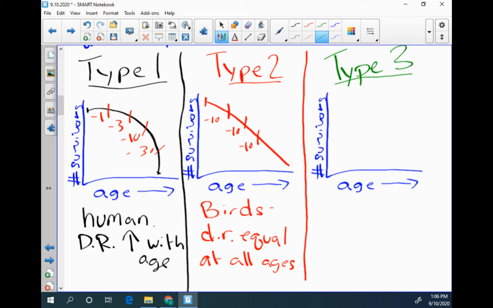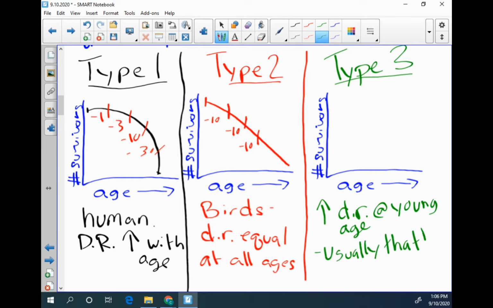Type 3 survivorship curves have a higher rate of death at a young age. High death rate at a young age. This is usually in organisms that have a lot of babies.